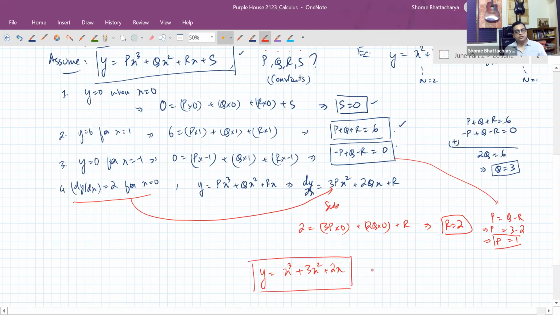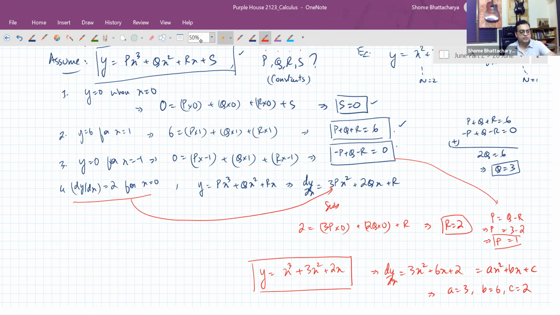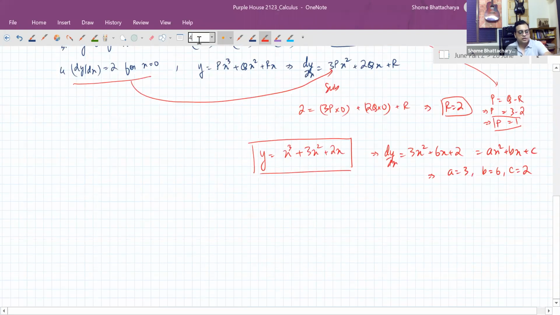And from this, I can also see that dy by dx is 3x squared plus 6x plus 2, which is supposed to be ax squared plus bx plus c. So comparing both the sides, you also get the value of a as 3, b as 6, and c as 2. So you're getting y as a function of x, and we are also getting the values of a, b, and c.